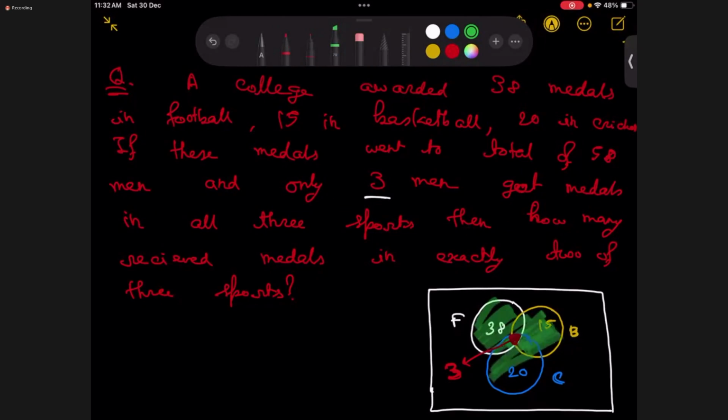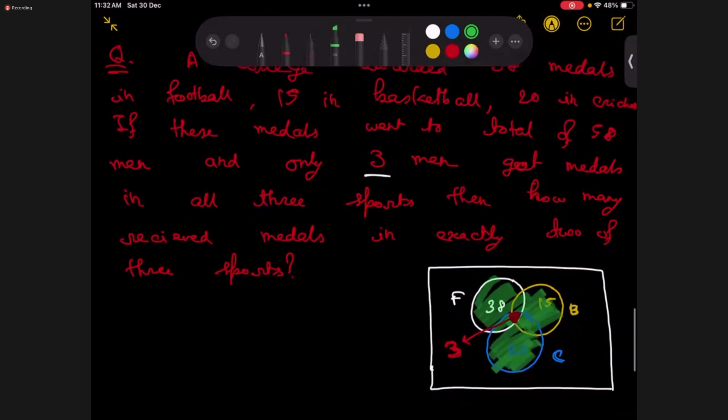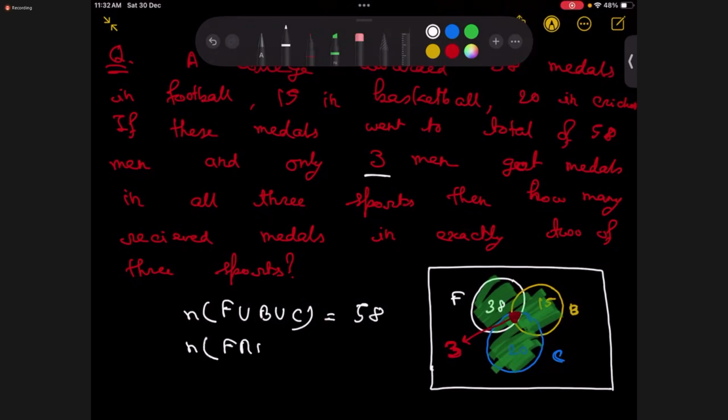Total set equals 58. Okay, so write all the necessary important statements. So the cardinality of F union B union C equals 58. n of F intersection B intersection C equals 3.